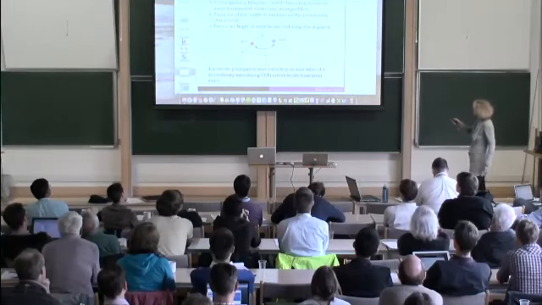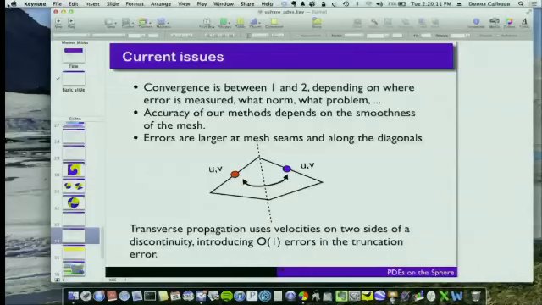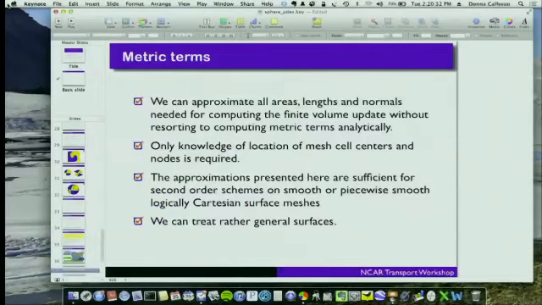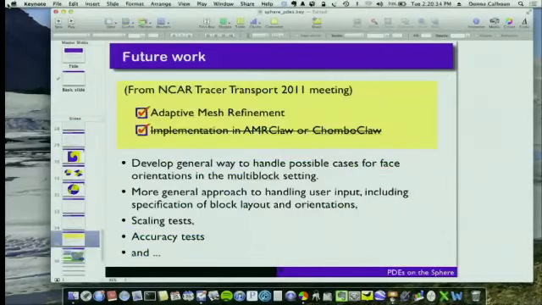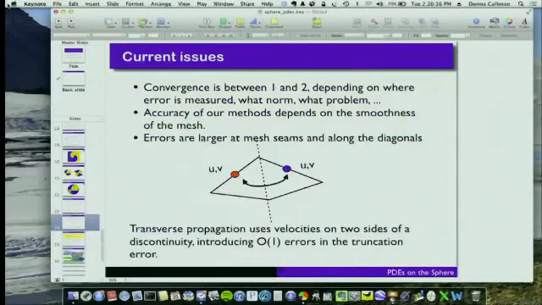Okay. There are some issues with this grid. In all honesty, the convergence that we get is between 1 and 2. Depending on which error norm you use, depending how you measure the error, depending what the problem is, I can make it look like second order if I measure the error away from the seams, away from the corners. The accuracy of the method depends on the mesh smoothness.